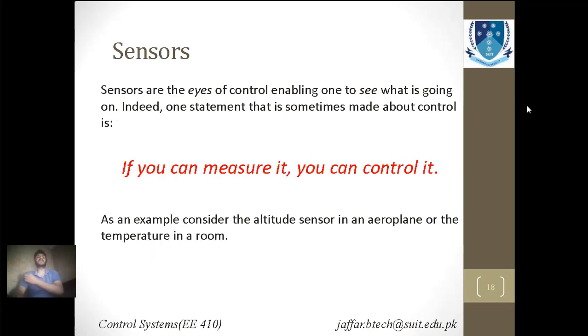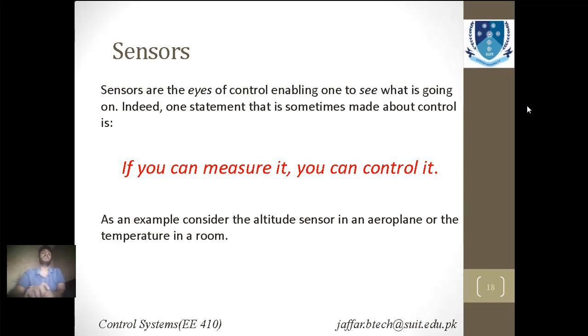Now, what are sensors? Sensors are basically the eyes of a control system. If the sensors are working properly, they will tell you about the real output that the system is giving. If the sensors are not performing well, you cannot measure the actual output, and you will be assuming that the sensors are giving the right value and the output is okay.